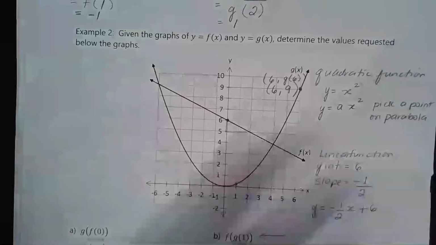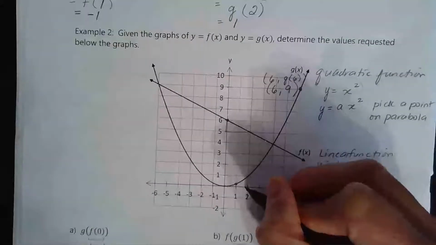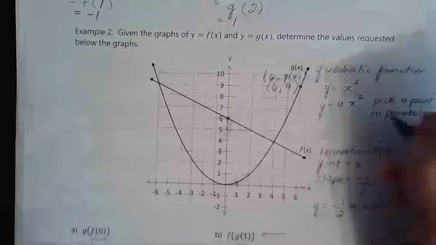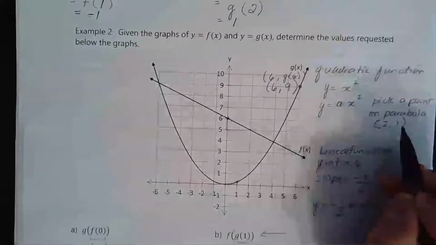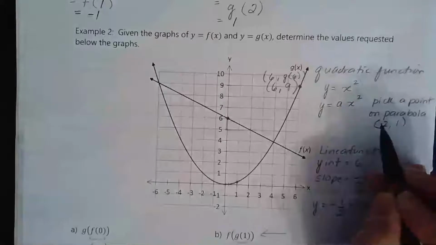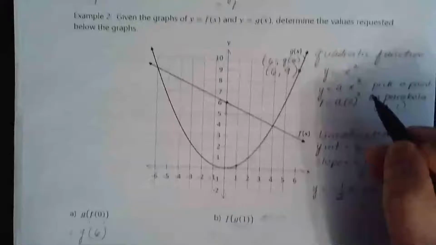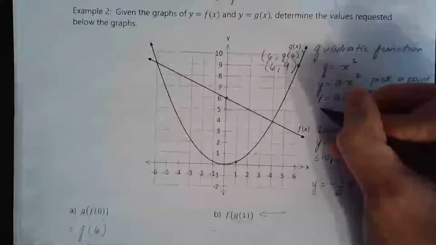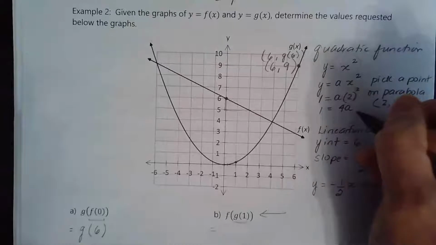I'm just going to pick a point that's easy, and it's going to be (2, 1). So when x is 2, y is 1. I'm going to put that in: 1 equals 4a.